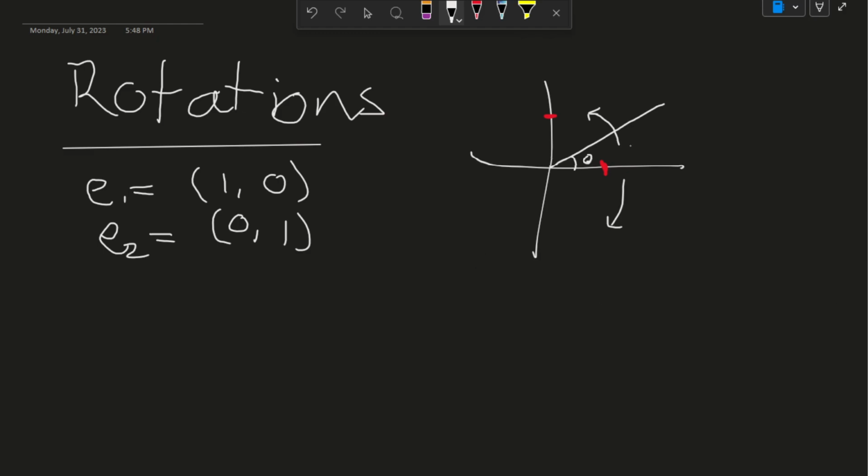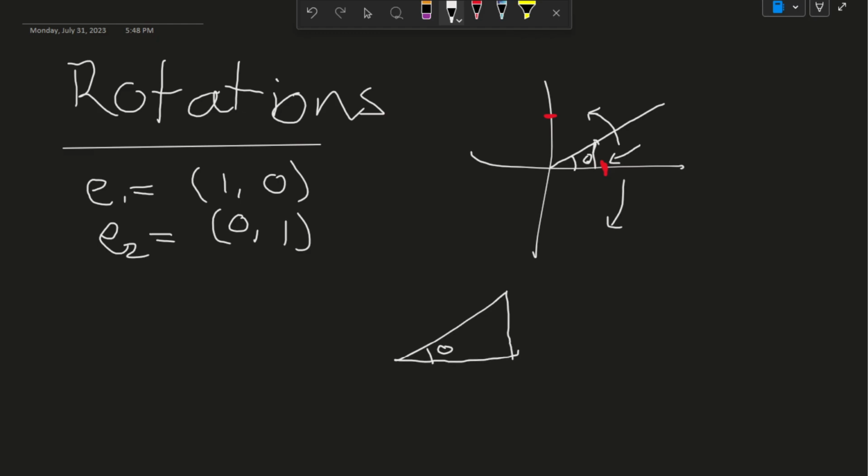What this will do is it will send this first standard basis vector to, if you don't mind my brief trigonometry lesson, if you make this little triangle here, you get a triangle like this. And if you don't know any trigonometry, that's totally fine, it's just for the people who do.